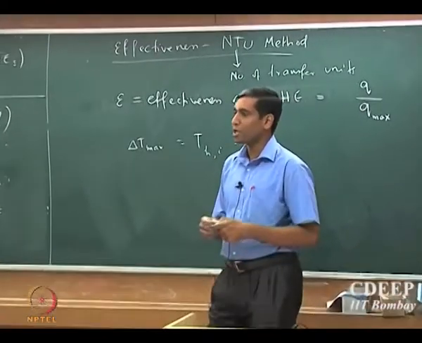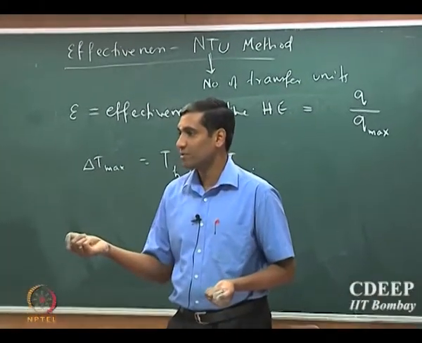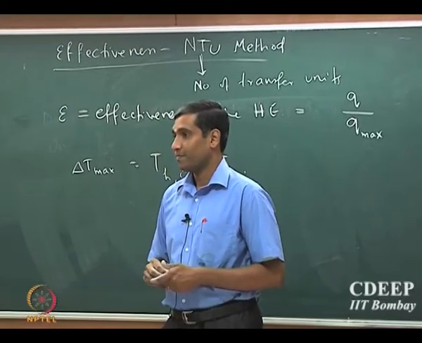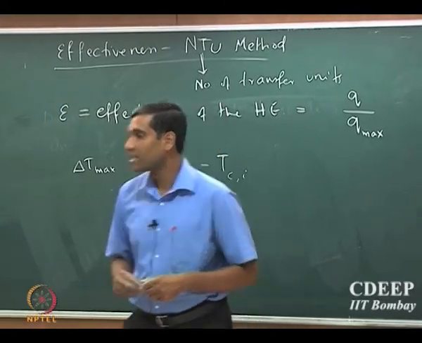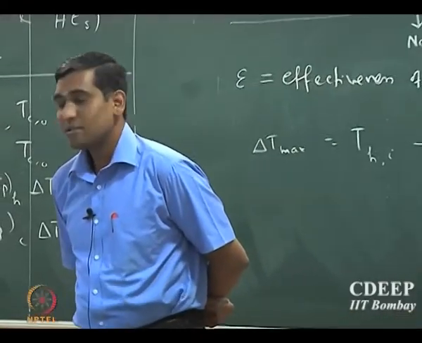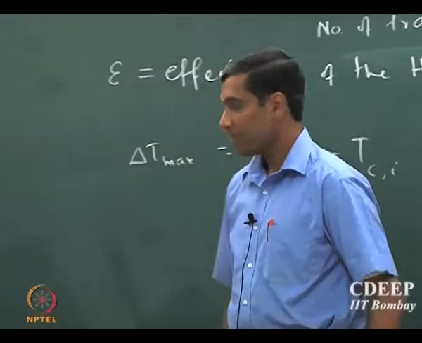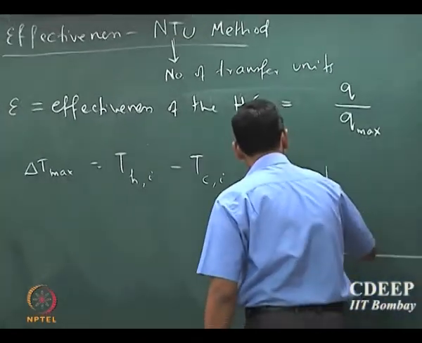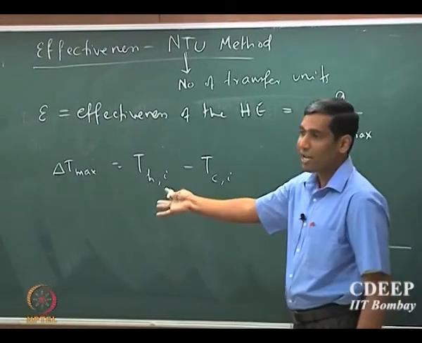What is the maximum possible temperature difference in any heat exchanger? Maximum possible. Not really. We know that. For example, if I take a counter flow, it's definitely not the case in a parallel flow.